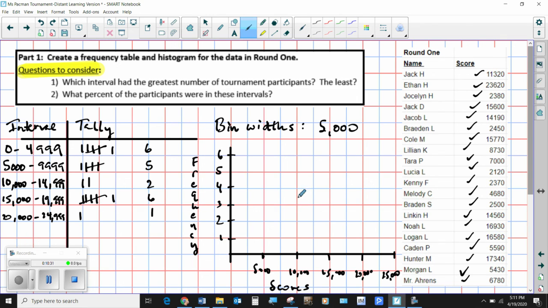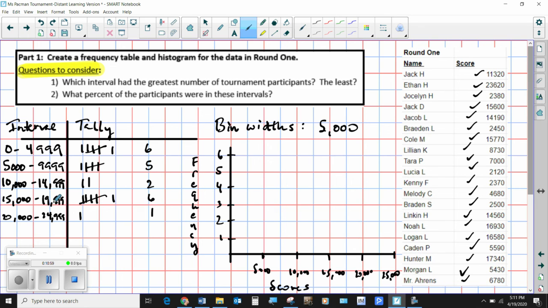So tomorrow we are going to get into part number 2. I will finish this and we'll breeze past it tomorrow. So, you can pause the video and see if you've got yours looking the same as mine. If some of you wanted to do intervals or bin widths of 10,000, where you went from 0 to 9,999, then you would have 11 in that first interval.